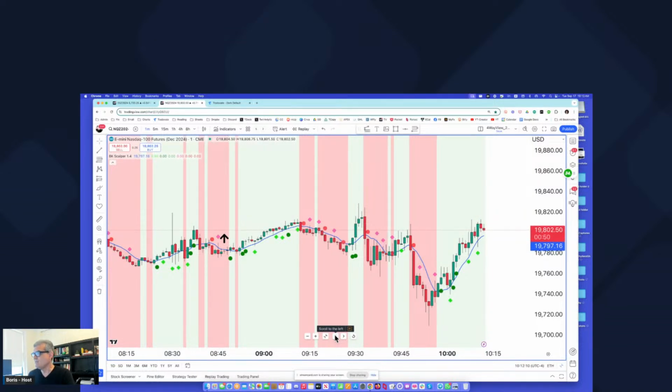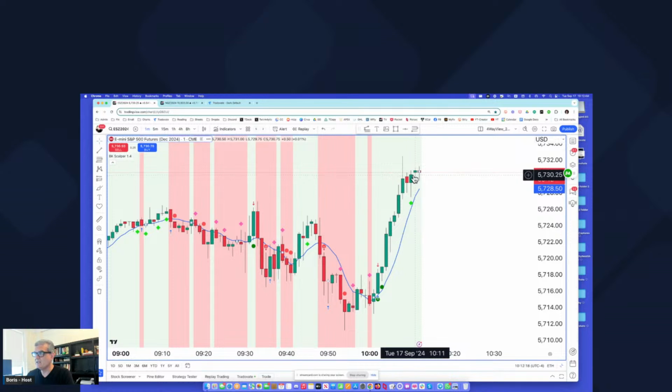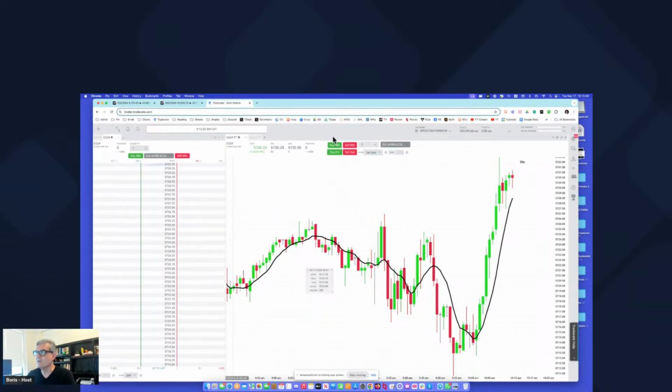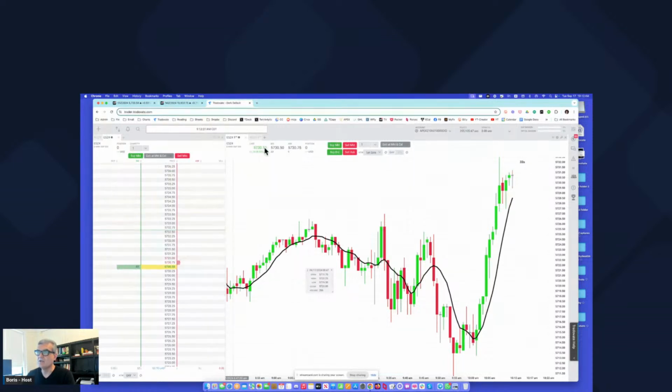And now we just have to be very, very patient because all the techniques are going. So here's the S&P, it just went green dot. Let's go to my long count. Where's my long count? Long count. Let's go to my S&P. We're going to go to 4.8 by market.